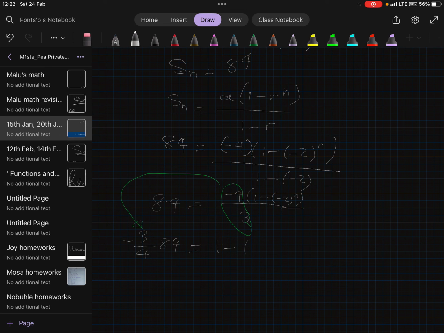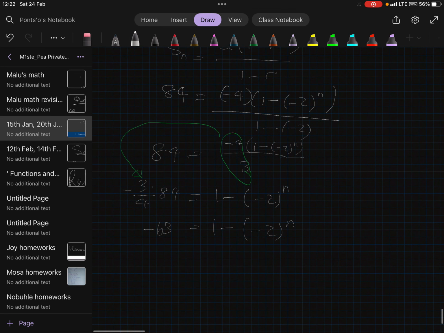So then I'm just left with 1 minus negative 2 to the n on this side. Then I'll have negative 63 equals 1 minus negative 2 to the n. If I do additive inverses, so plus 1... Oh no, it's supposed to be minus 1.